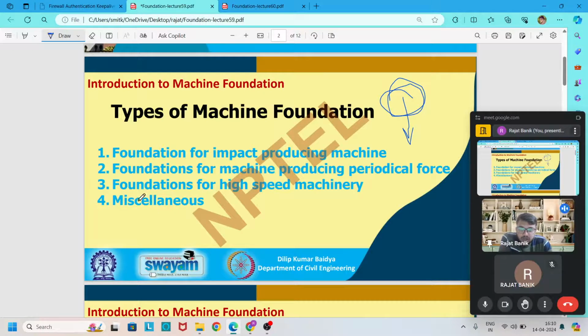Then foundation for high speed machinery: if the rotating mass speed is increased, it is called high speed machinery. And there is another type, which is miscellaneous.